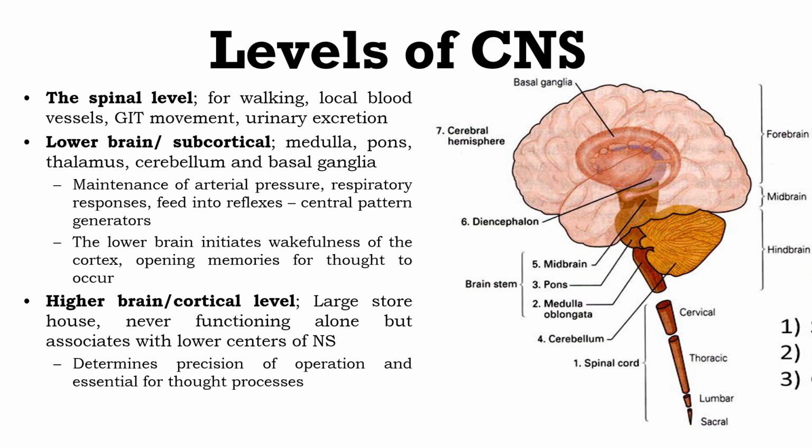We're also coming back to that later on. And then we have the higher brain centers, which are a large storage house, never function alone, are very dependent on the lower centers, and are really for precision of operation and essential for thought processing.